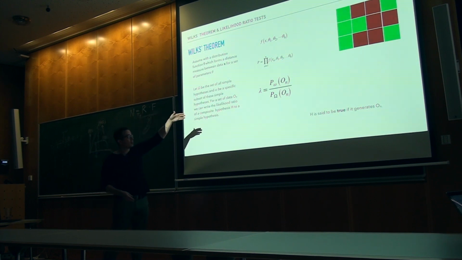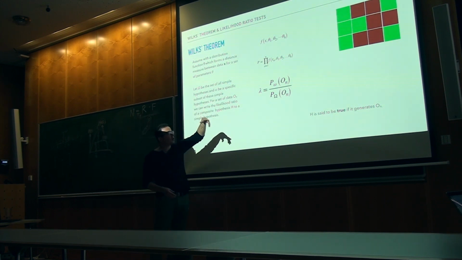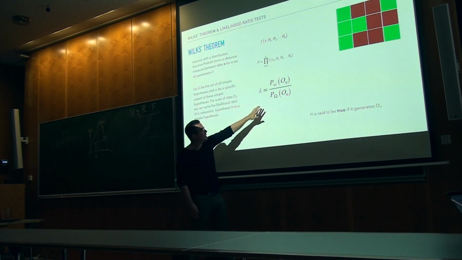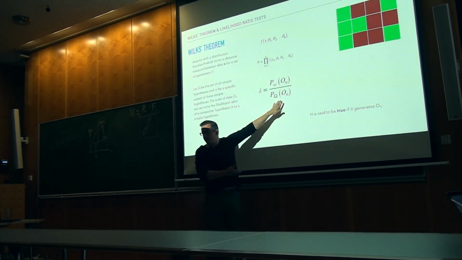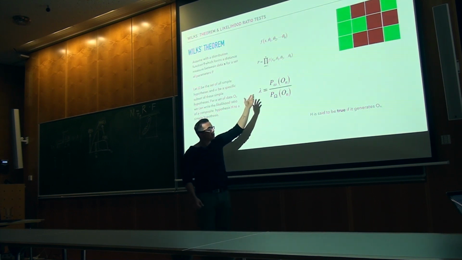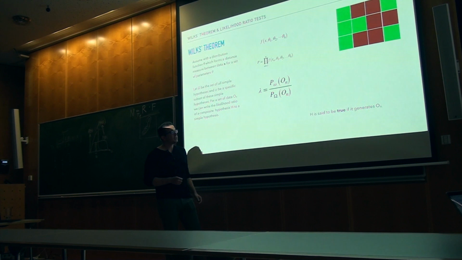And then you can form a probability distribution over the data by taking the product for the different data sets. And you let this be this composite hypothesis, so this is the more complex model, and this be a simple hypothesis. And you form this thing, and it's called the likelihood ratio test.